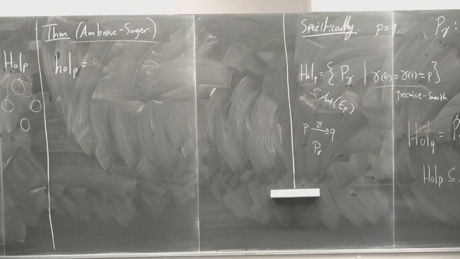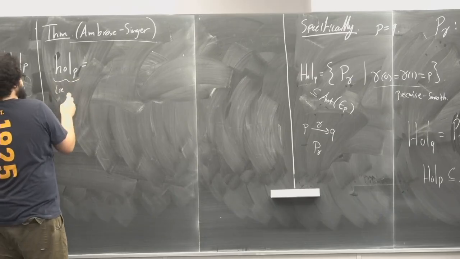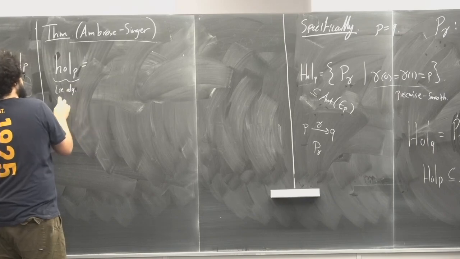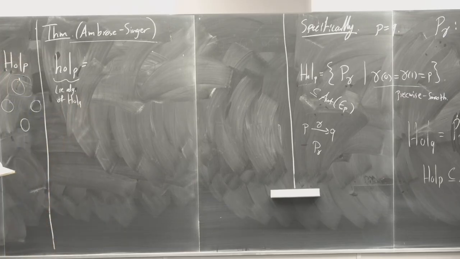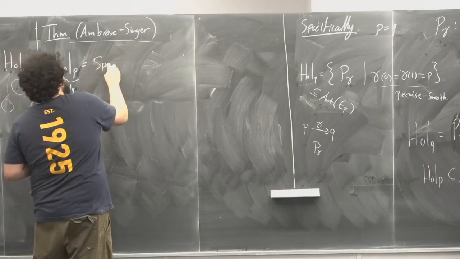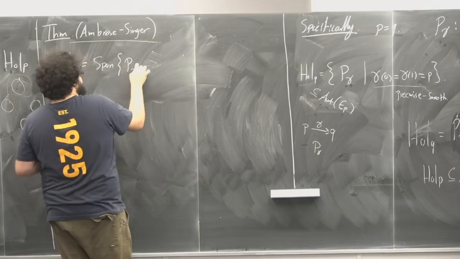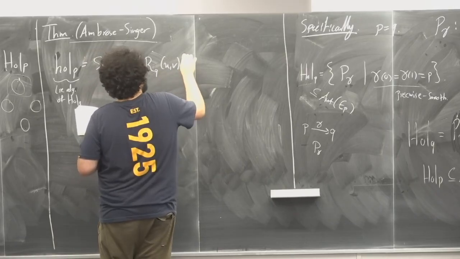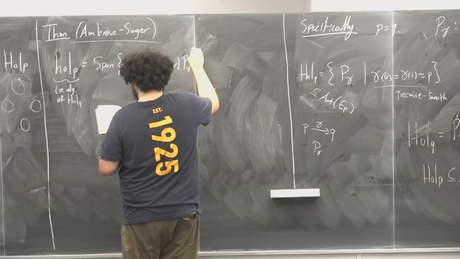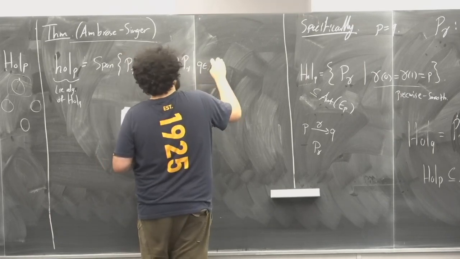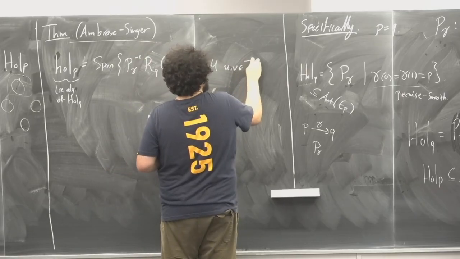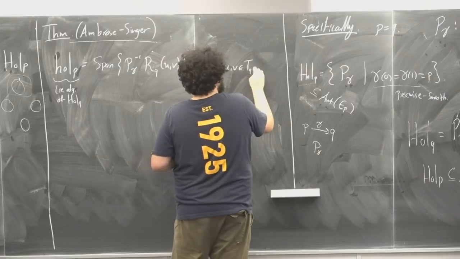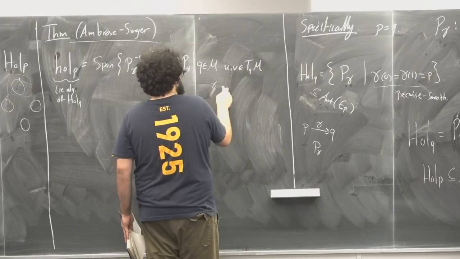So it has a Lie algebra called little hol P. This is the Lie algebra of Hol P. And this Lie algebra is actually just spanned by P gamma inverse R Q (U, V) P gamma, such that Q is some point in the manifold, U and V are vectors in T_Q M, and gamma is some curve from P to Q.